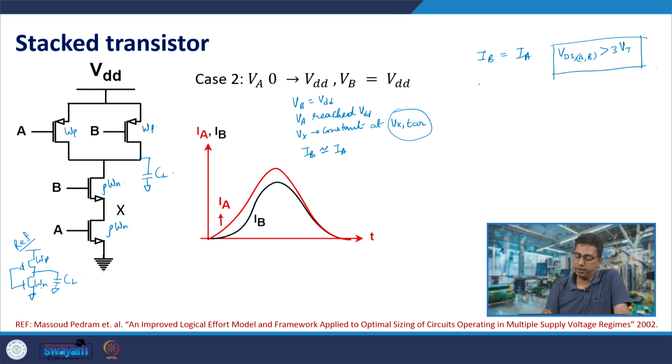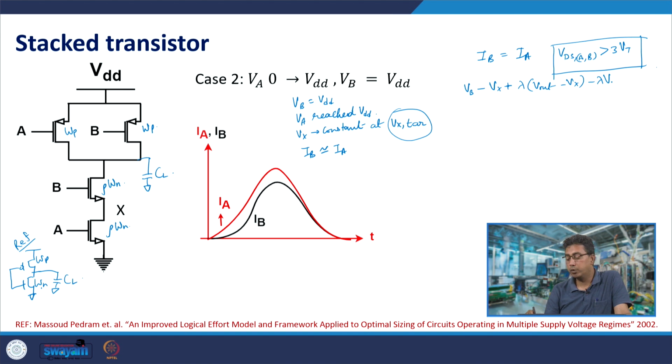So you would have the effective overdrive, including DIBL and body effect, equal for both transistors: Vb minus Vx minus lambda Vds, where Vds is Vout minus Vx, plus or minus gamma, the body effect, times Vbs.